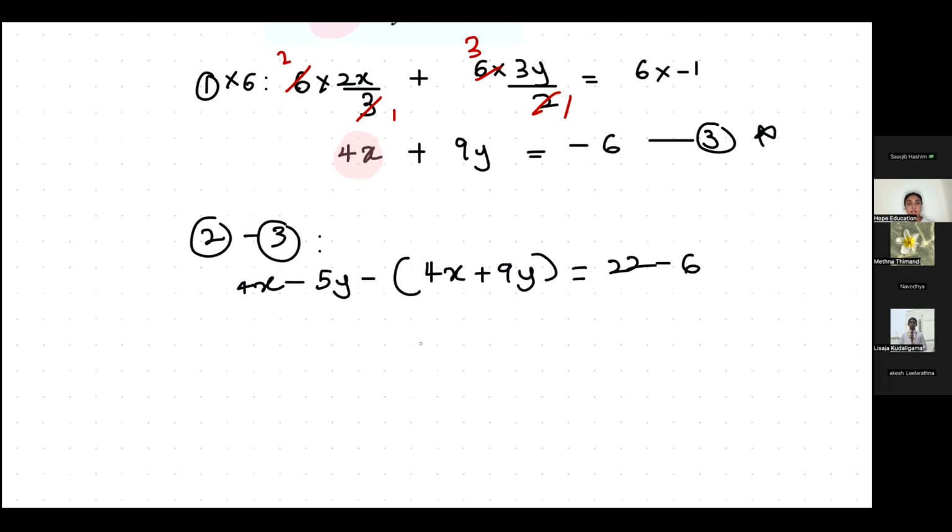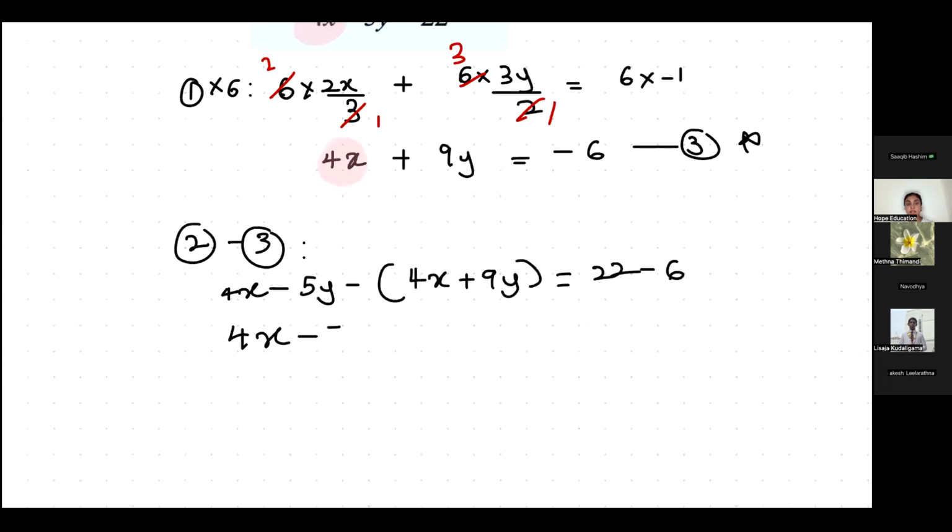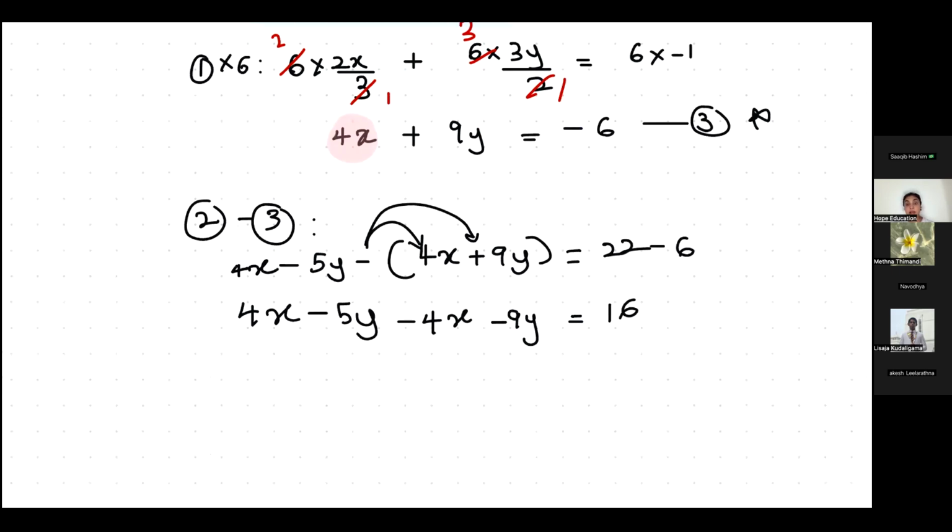So 4x minus 5y, plus times minus times plus is minus 4x. Minus times plus is again minus 9y equals 22 minus 6, which is 16, right? So 4x and minus 4x cancel. Now we have minus 5y and minus 9y, right?